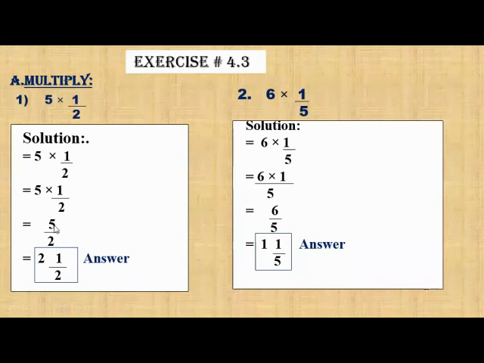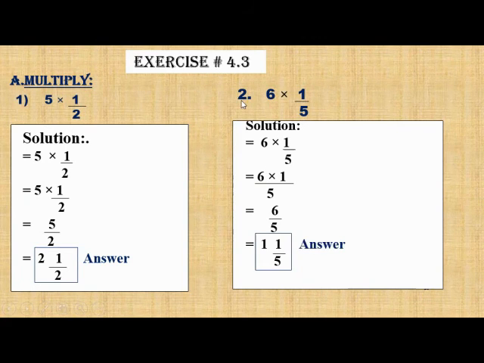As you can see, these fractions do not cancel out, so we move to the next step, which is division. 2 is less than the numerator, so we have to divide. 5 divided by 2 equals 2 whole 1 upon 2. This is your answer. This is question number 1.